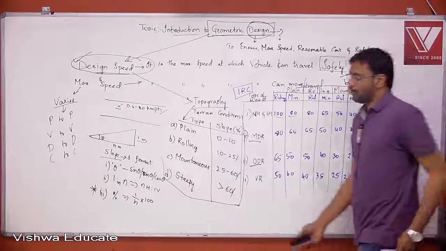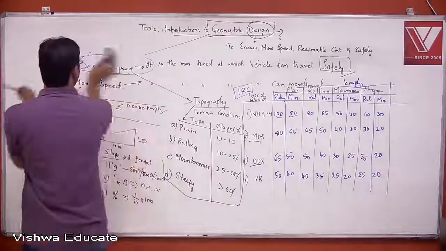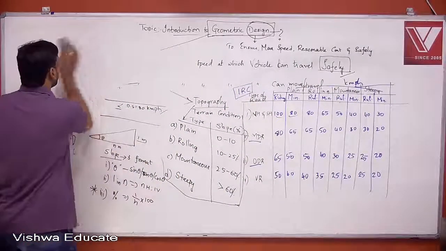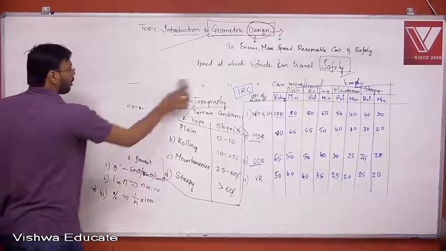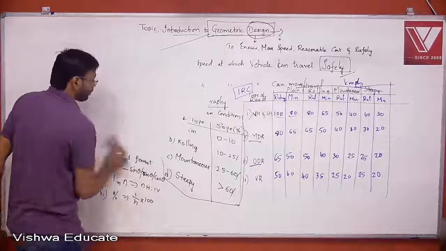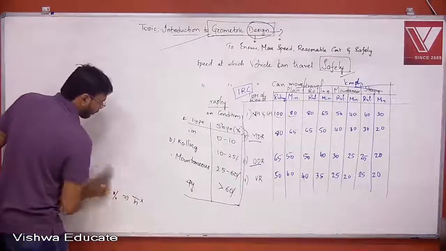Yeah, I hope you are done with this writing part. So we have seen the first geometrical element, that is design speed. So design speed mainly depends on the topography and the type of road.